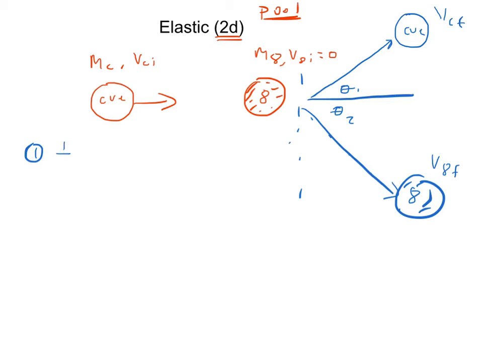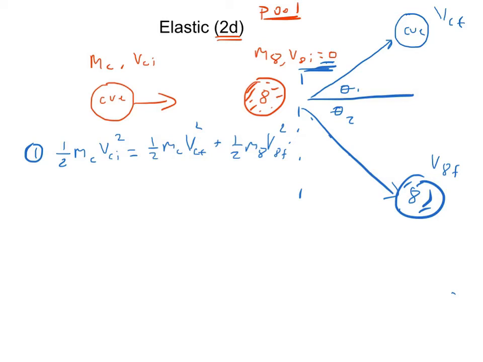So what we're going to get is 1/2 mq v cue ball initial squared, and that's all of the initial kinetic energy because the 8-ball didn't have any, is going to equal 1/2 mass of cue ball times the final velocity of the cue ball squared plus 1/2 mass of the 8-ball times the final velocity of the 8-ball squared. So that's one set of equations.